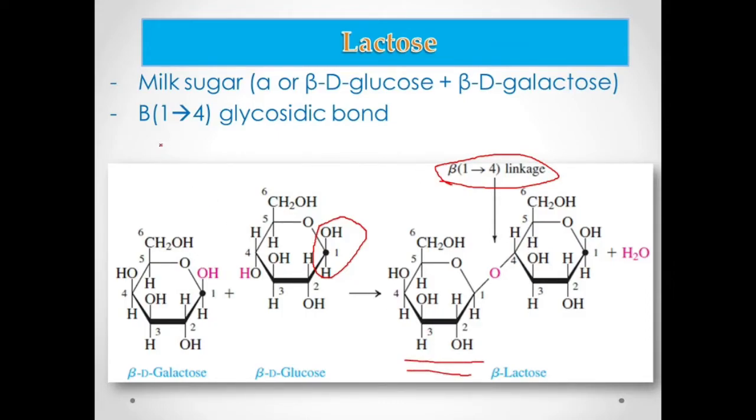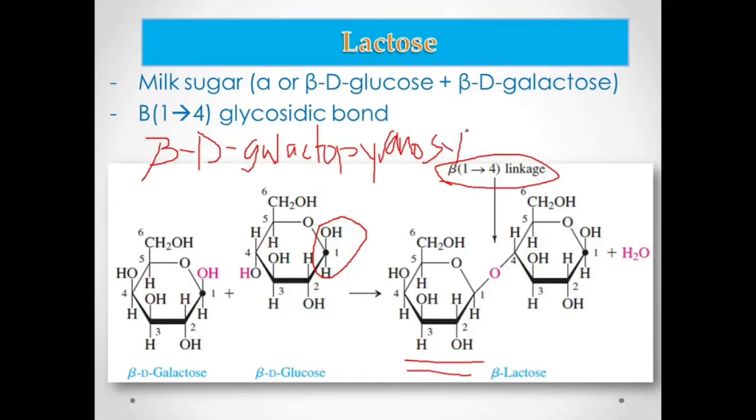So the name would be beta-D-galactopyranosyl, not galactopyranose but pyranosyl. Then what is the linkage? That is 1,4.